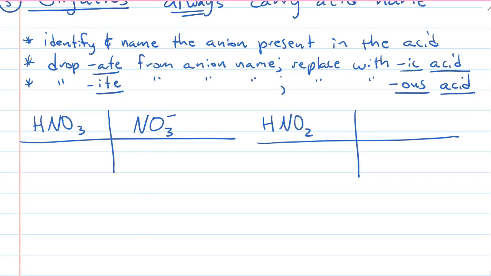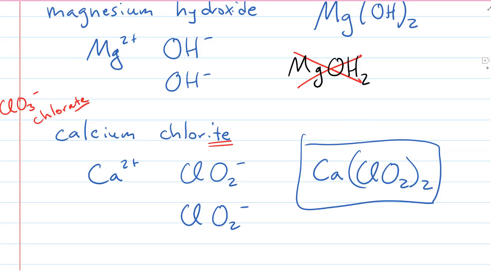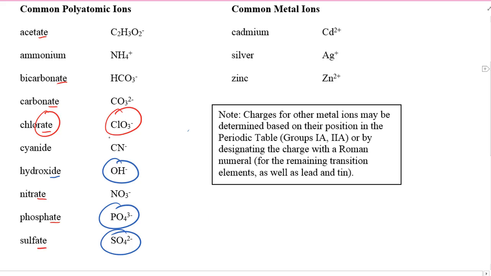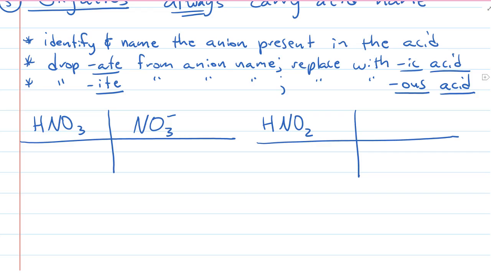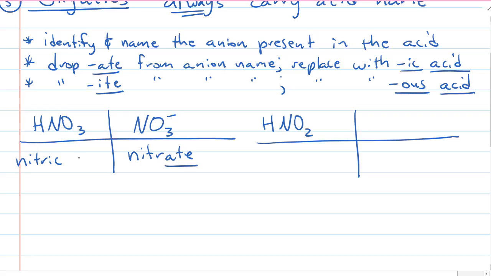And if you're wondering where that comes from, it's right somewhere in here. There we go. NO3 with a charge of 1 negative. The name of this ion is the nitrate ion. So if this is the nitrate ion, that must mean that the name of this acid is nitric acid. Nitric acid. So we replace ATE with the suffix of IC acid.